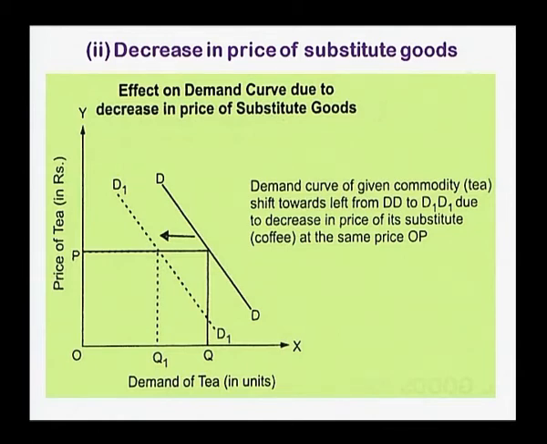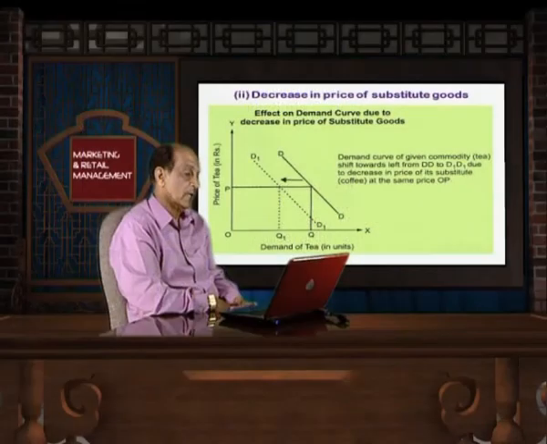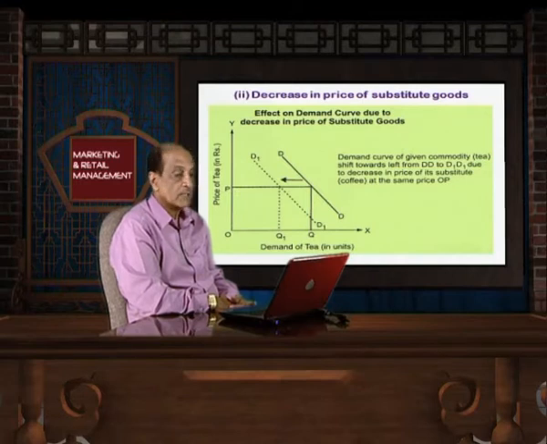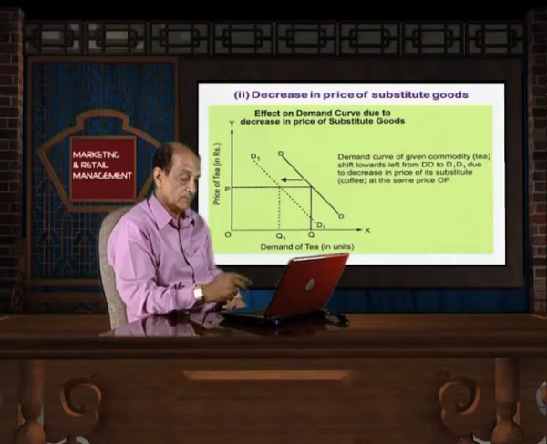Previously the demand is OQ, but there is no change in price, but demand has gone down to OQ1 and we have a separate demand curve, that is D1 D1, or we can say that we have moved towards the left, and this is very necessary to show the decrease in demand for the commodity. Now, this decline has taken place on account of a decrease in the price of other substitutes. Therefore, the consumers of tea might have switched over to coffee.